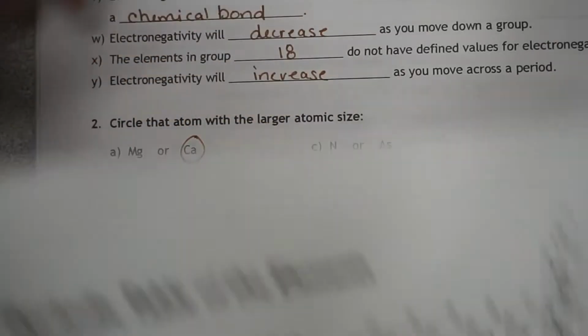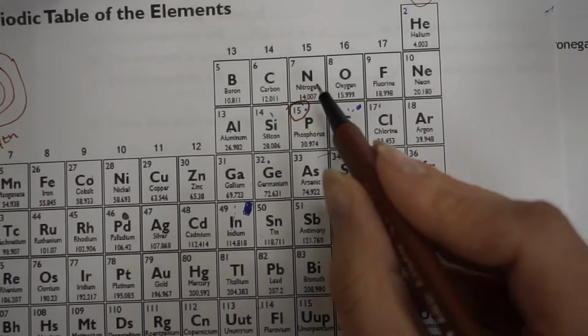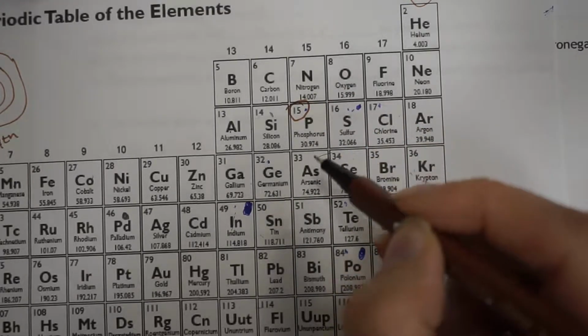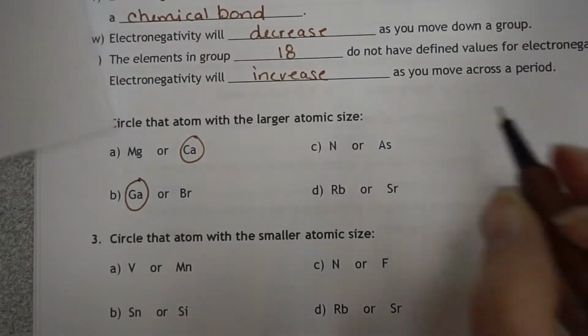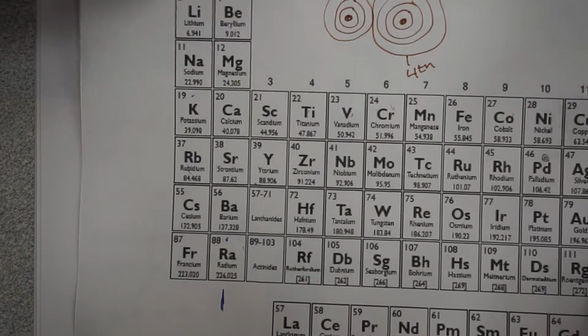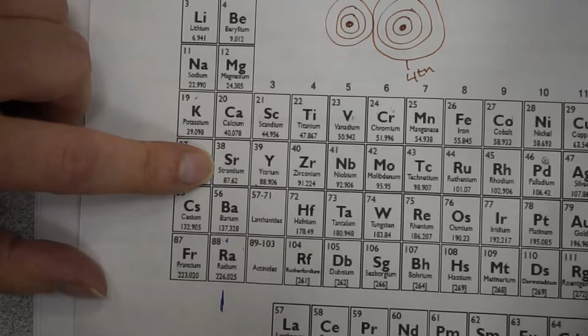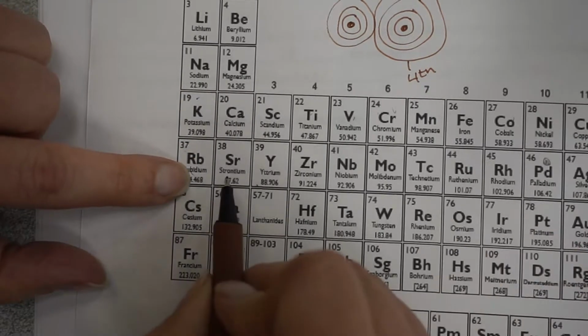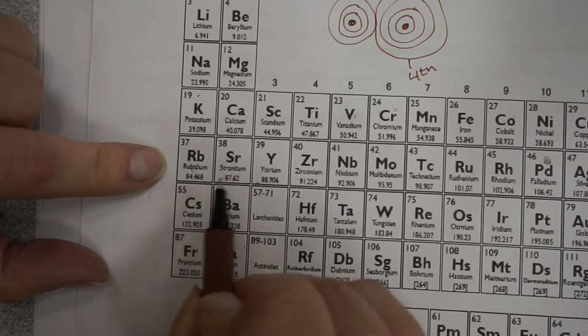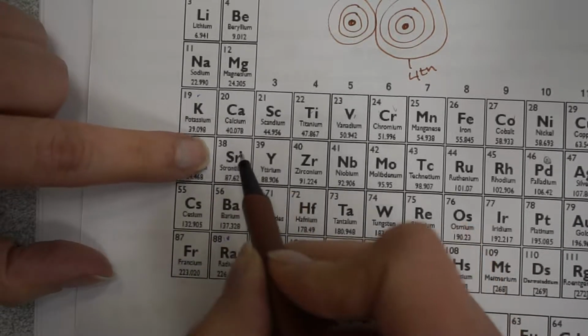Next, nitrogen or arsenic. So now we're doing a group again. They get bigger as you go down, so arsenic. Okay, rubidium or strontium, I think is how you say it. Yeah, right here. So we're side by side. So again, we're doing that whole period trend. As you go to the right, more protons, electrons are sucked in more.